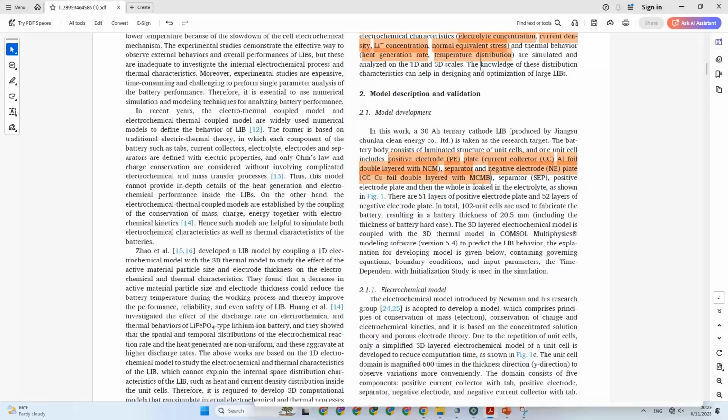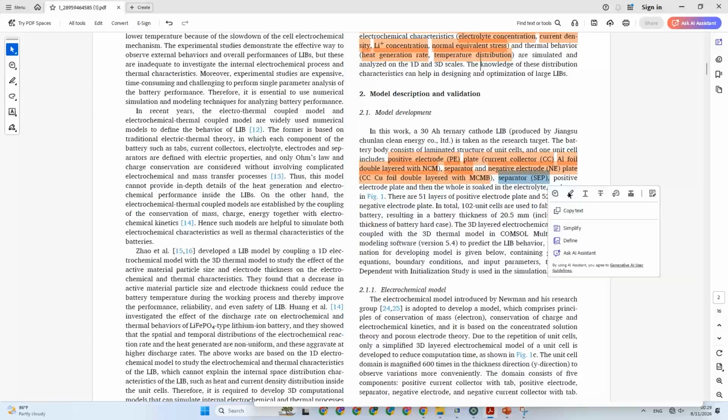Okay, here it's seen the positive electrode PE. It's divided by the current collector, Al foil double layer. This current collector, positive electrode, and separator, not referred to what that is, but the negative electrode is Cu foil double layer with MCMB, and another separator.